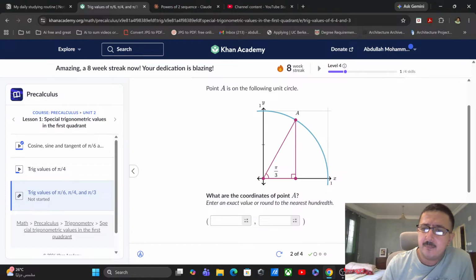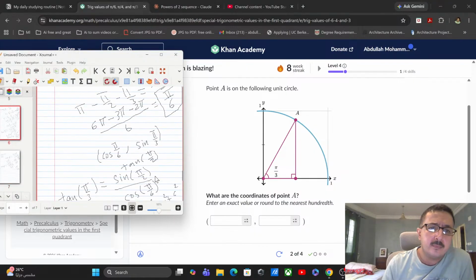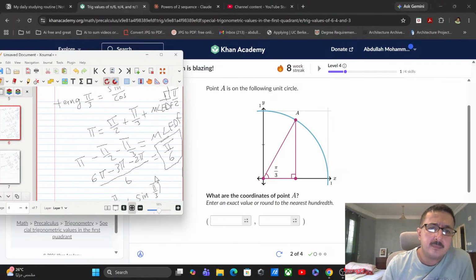Because it's the same. This is a 90-degree angle. So it's going to be pi over 2. Pi over 2, so I'm going to be left with pi over 6 over here. So what's happening?